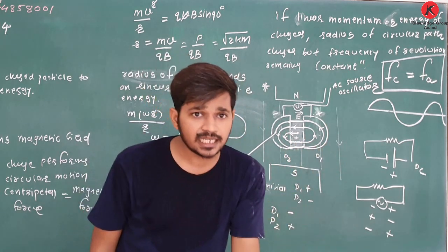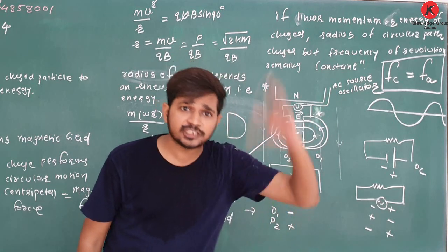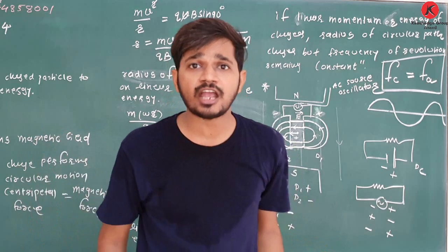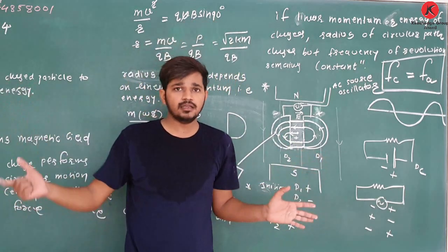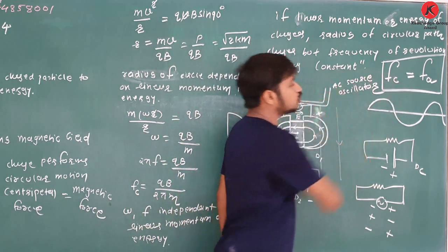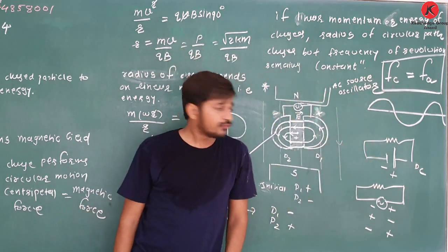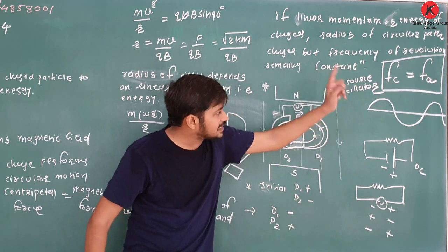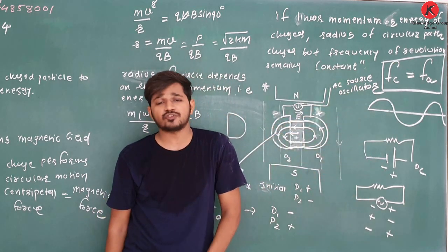No. Will it be accelerated? No. Will it gain energy? No. Then how to increase its radius? How to increase its energy? The cyclotron fails. Clear? So yes, it is one important condition to operate this cyclotron. Frequency of cyclotron, meaning frequency of revolution of the charged particle, is equal to the frequency of the AC oscillator.